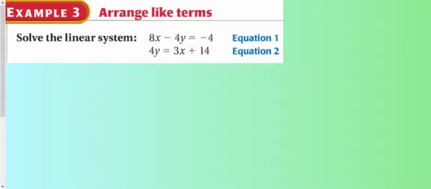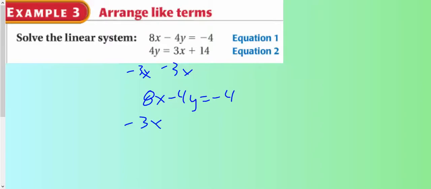All right, I'm going to do an example where you rearrange like terms. You get everything on the same side. If it's not in standard form, you're going to put it into standard form. I haven't really said that yet, but all of these equations are in standard form. This one I'm going to have to subtract 3x from both sides. So you have 8x minus 4y equals negative 4, and then you have negative 3x plus 4y equals 14.